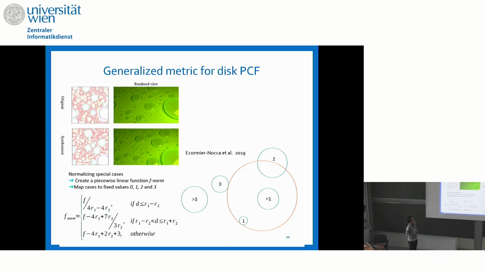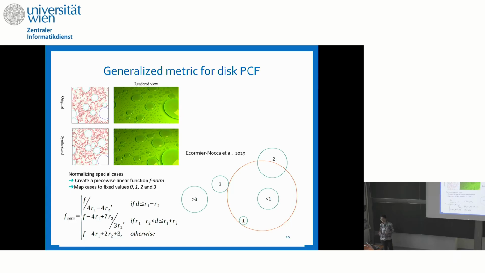As you can see, the original exemplar on top left is the one that is represented through this rendered version, and the one that is synthesized using these extended PCFs is something that is not simply a copy and paste of what we had before, but at least visually it looks like a similar distribution.